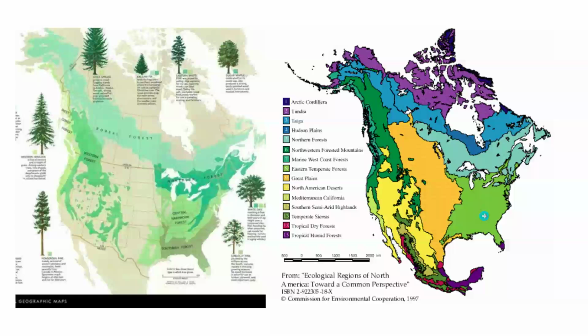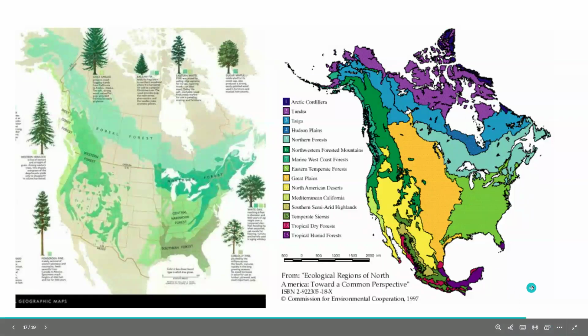You will find temperate grasslands. And you will also find northern forests, light green color. In these regions, you will find coniferous trees. You can see the conical shape of the trees. So conical type of forest you will find in this region.